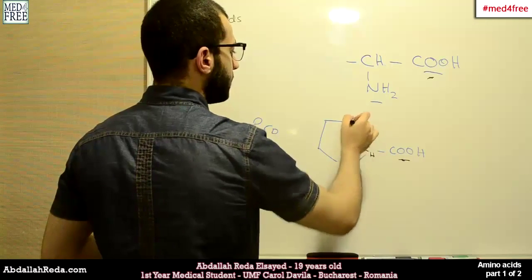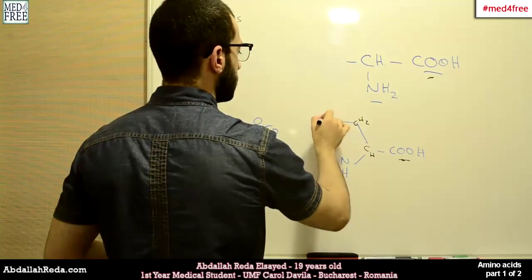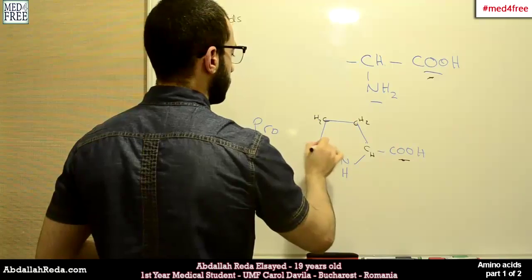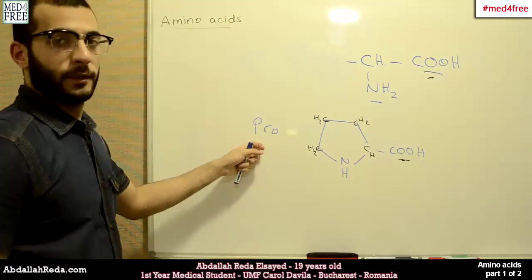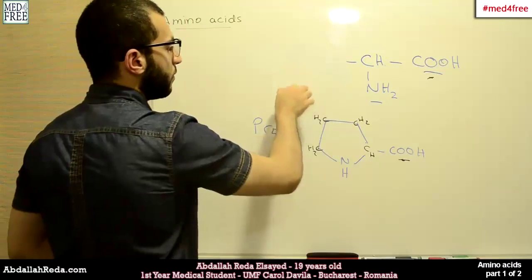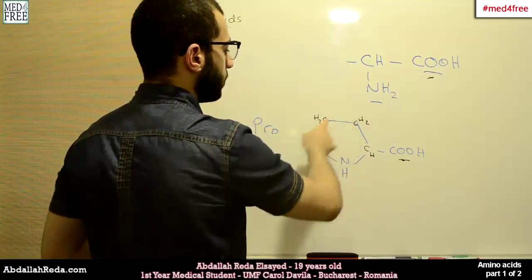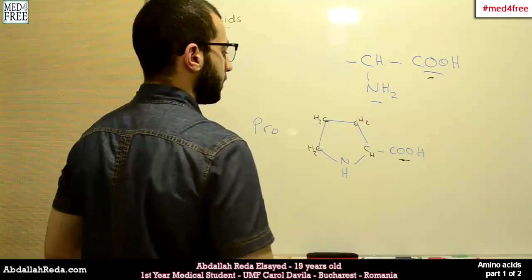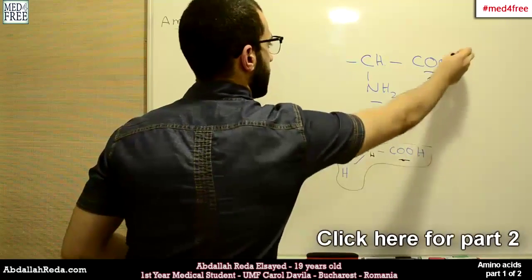Then we have CH2, CH2, CH2. And this is proline. What happens is that we add methyl groups so that we can bond this structure together to form this shape. And we still have the base here, which is that part.